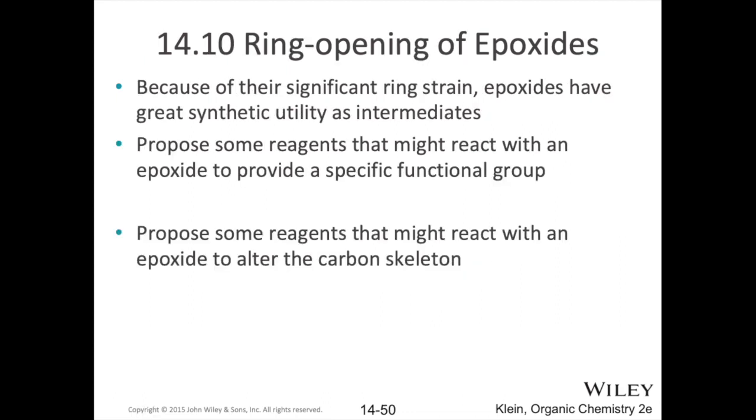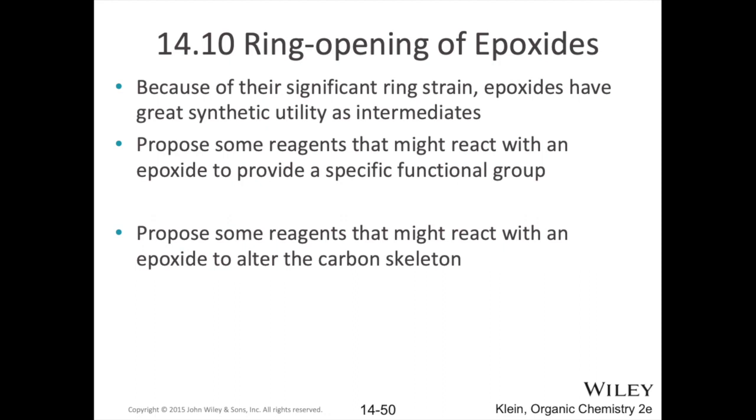Okay, so let's look at some ring opening reactions of epoxides. Now, these are very, very common, very, very useful. As I pointed out, one of the reasons why epoxides are so reactive is because you've got so much ring strain on that three-membered ring. So it makes sense that ring opening reactions make up a bulk of very easy, useful reactions you can do with epoxides.